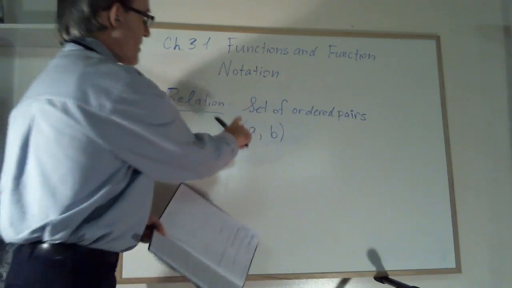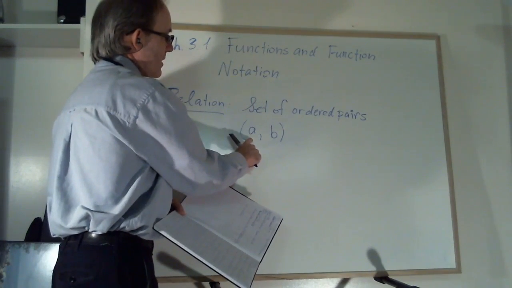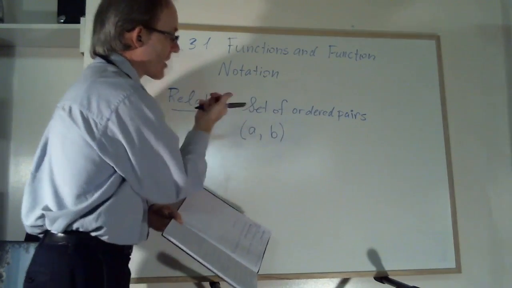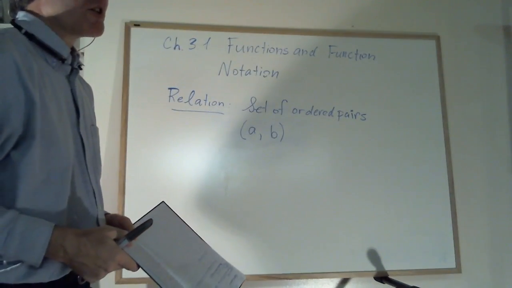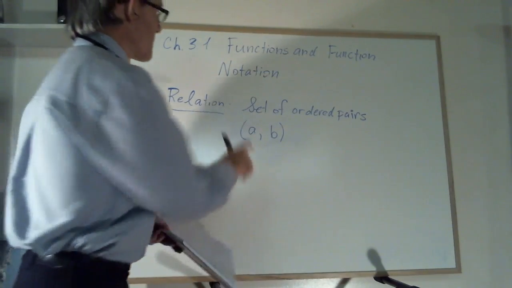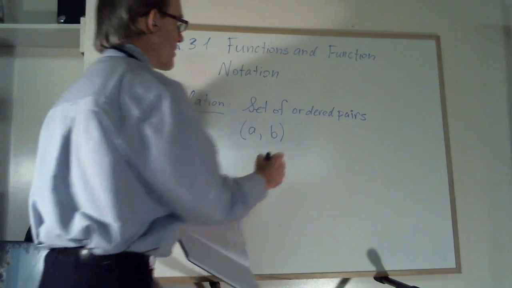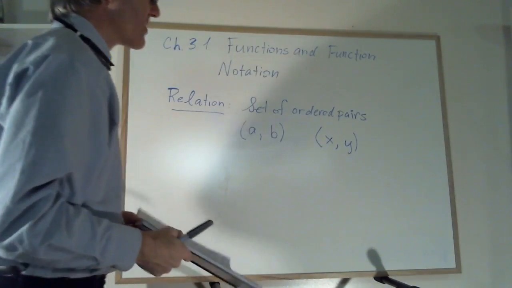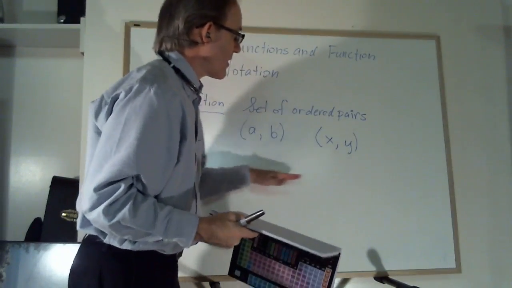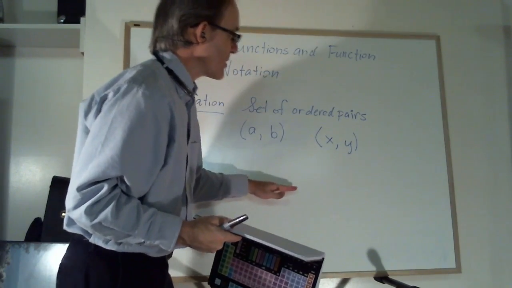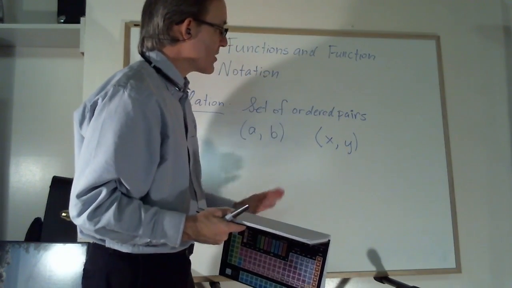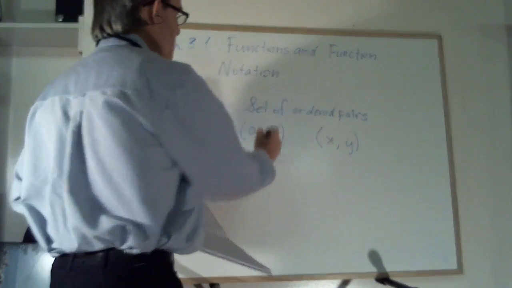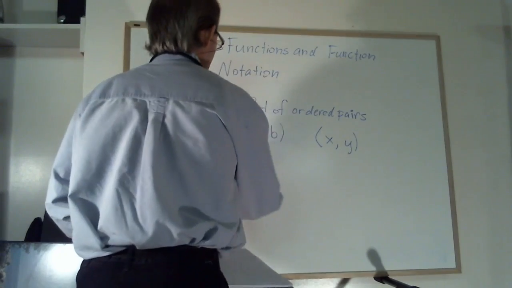All right, so they're ordered because it means something that A is the first entry and B is the second entry. You can't just interchange them or change the order. There's always the first element and the second element. Or in graphing, you usually call the pair X and Y. So X will be a value as measured along the x-axis, and Y will be a value measured along the y-axis. So a set of ordered pairs will be a set of numbers like this.